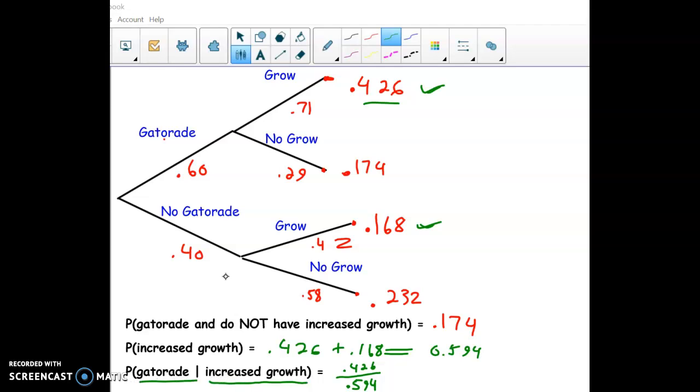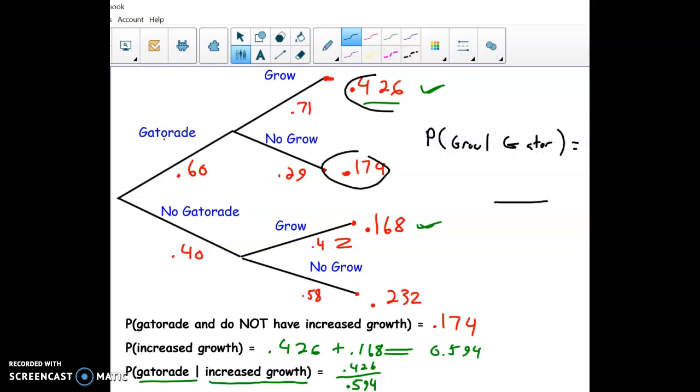Okay, and that's a pretty tricky concept, but my hint would be the second part is always the denominator. So if I do the probability that they grew given that they got Gatorade, the bottom number becomes the Gatorade. So this says given that they got Gatorade, meaning we're only looking at these two numbers in our denominator.